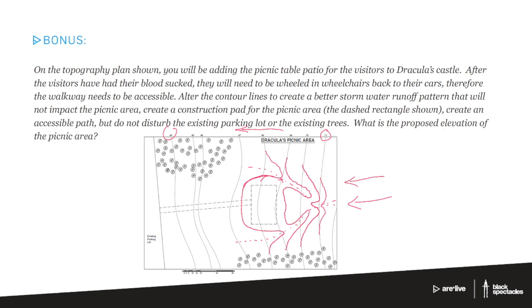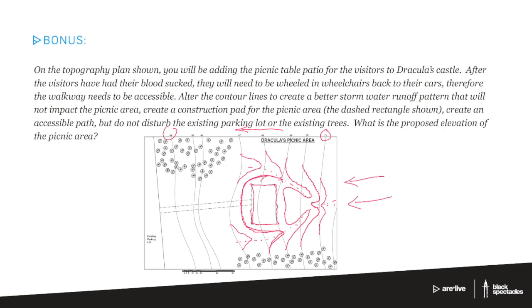This contour line there has created our zone for the construction pad. So that's all relatively flat-ish. It doesn't have to be flat, like I said. I would probably still have a little bit of contour play here in order to keep that going.